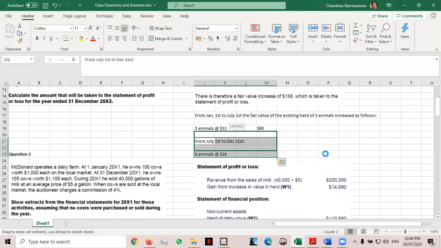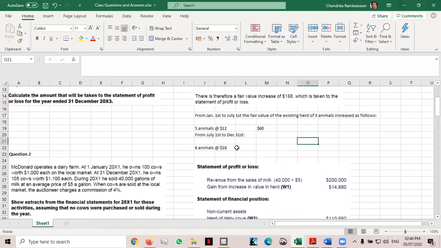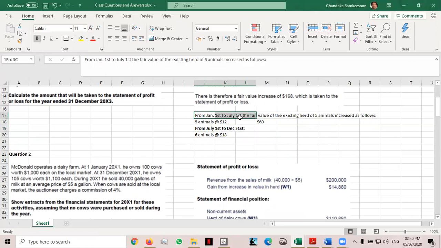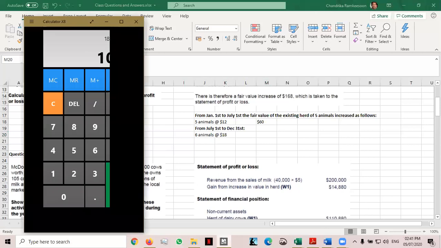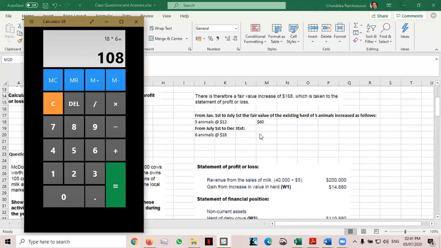Run out of space here. Let's move them all up. So six animals at this should be 108.